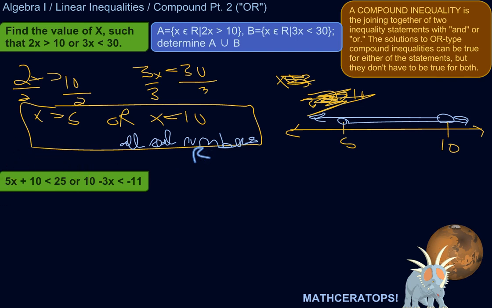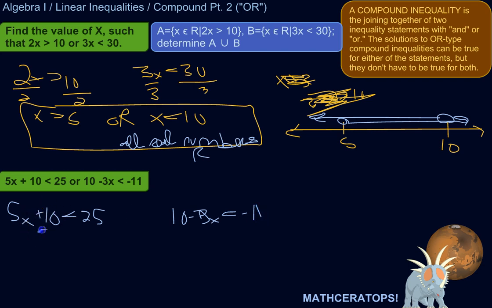Let's try another one. 5x plus 10 is less than 25, or 10 minus 3x is less than negative 11.